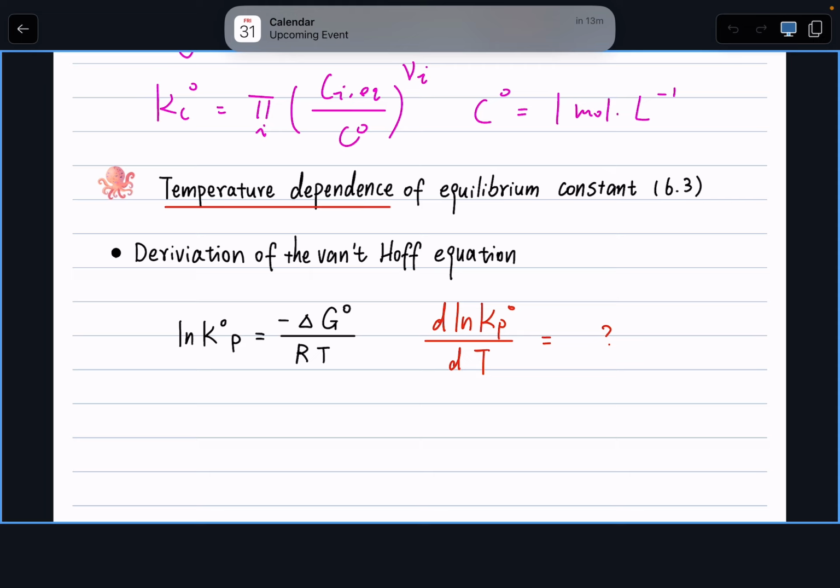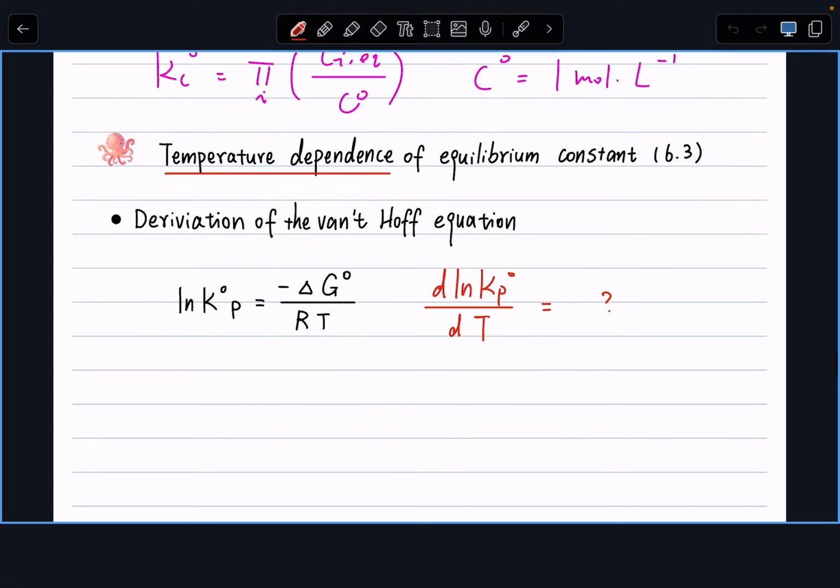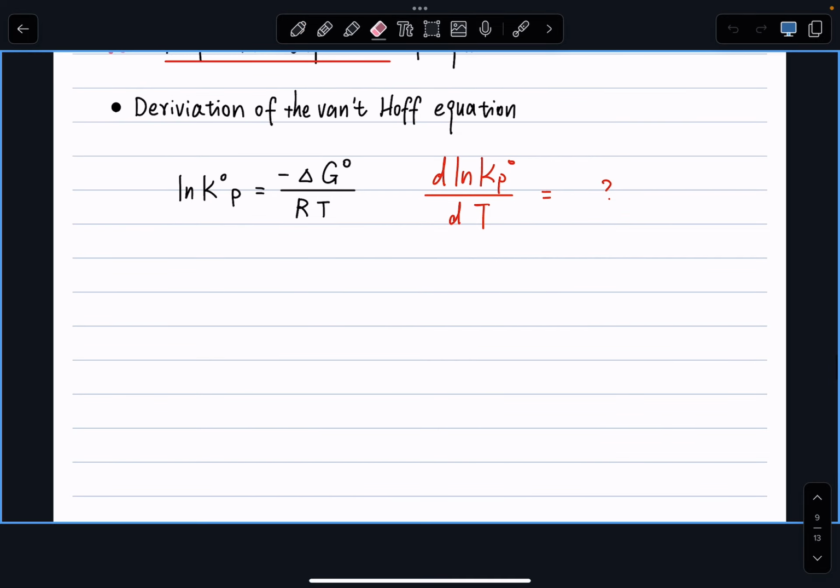That's my delta H naught. So the take-home message here is we find an expression for the change of the equilibrium constant with respect to temperature. That equals delta H naught over RT squared. And that's our Van 't Hoff equation.